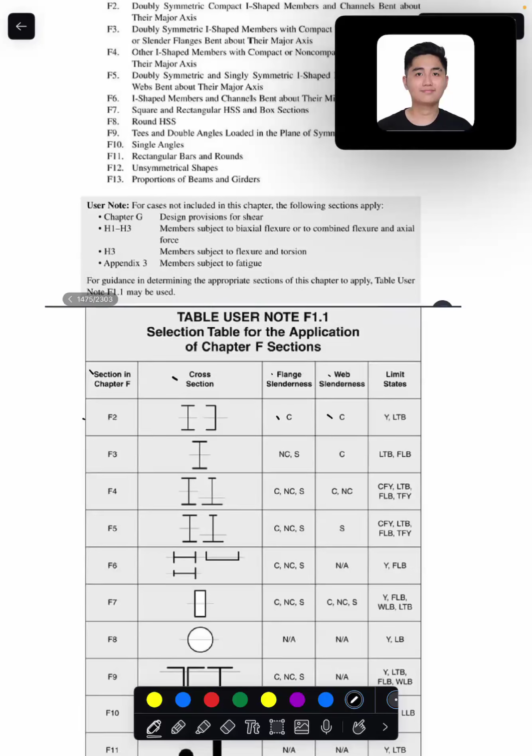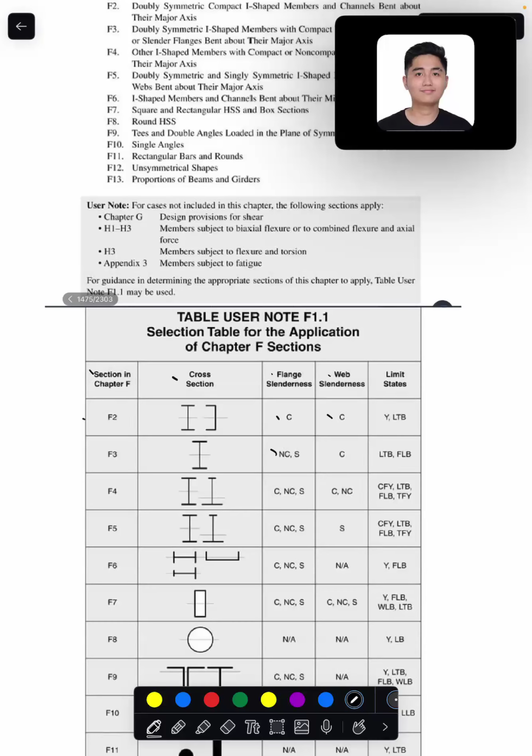But there are also specific provisions. The code will direct you to subsection F3 if, for example, your flange is non-compact, while at the same time, if it's slender. So you have compact, non-compact, and slender. Unlike columns where you only have slender and non-slender cross-sections, or slender or non-slender length, the overall length.